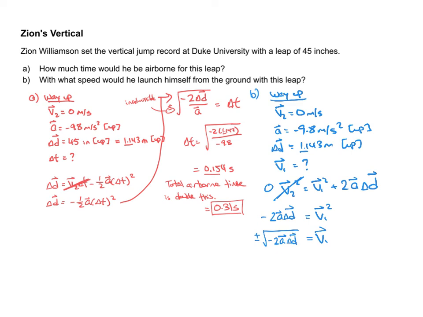So one of those plus or minuses, one of them is going to be inadmissible. We're going to want a positive answer because initially he launches himself upwards, so the negative is going to be inadmissible. Okay, I'll fill in the values.